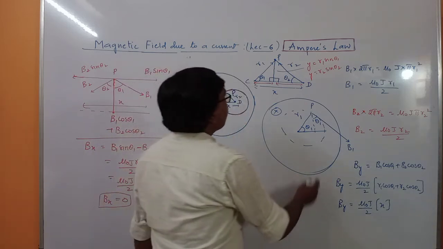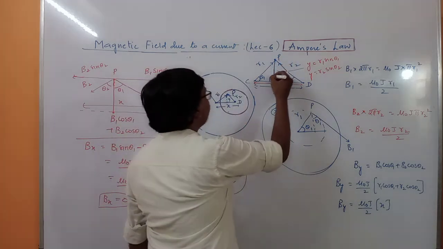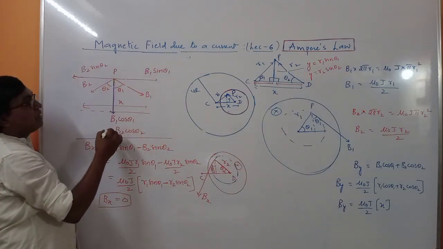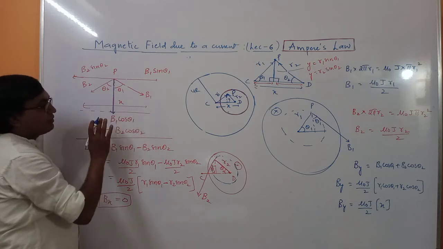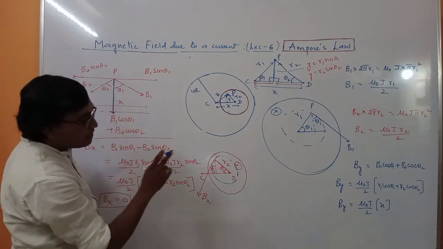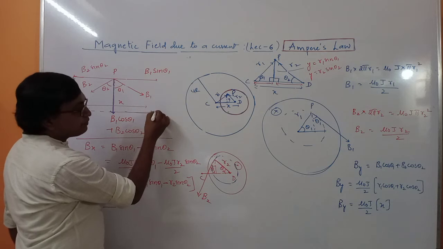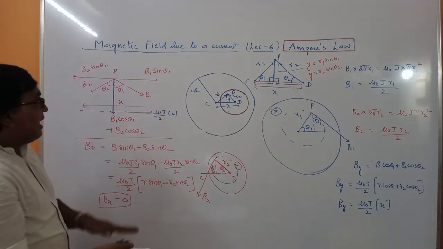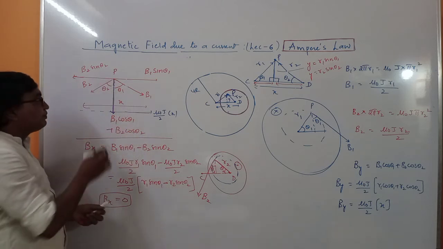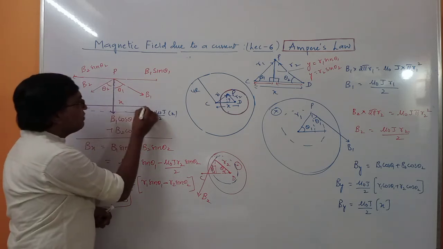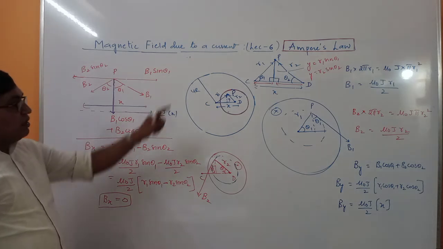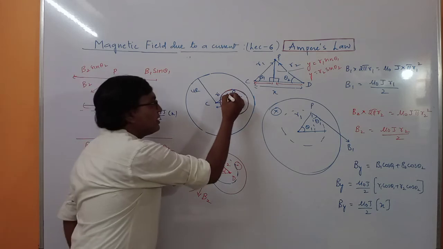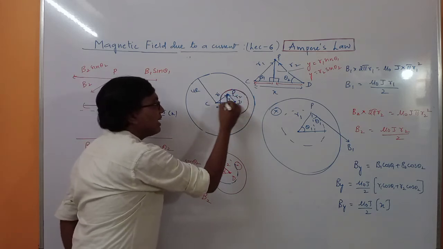This total magnetic field comes out to be along this direction, mu naught J by 2 into x, and this field is perpendicular to the line joining the center of the cylindrical cross section and the center of the cavity.